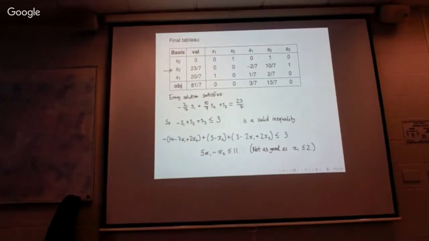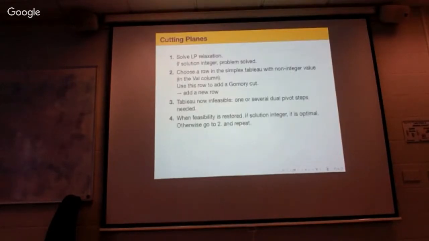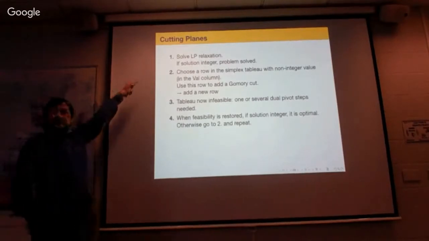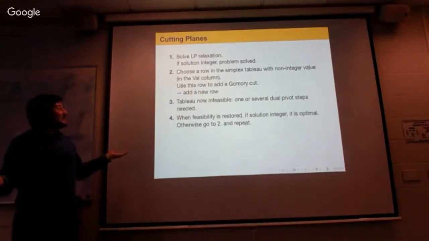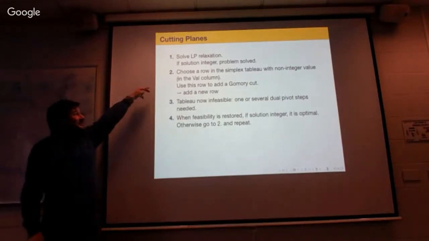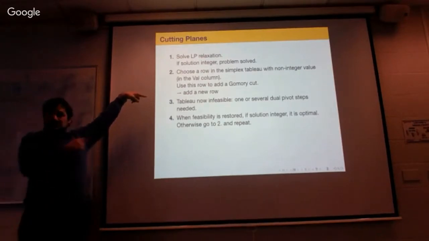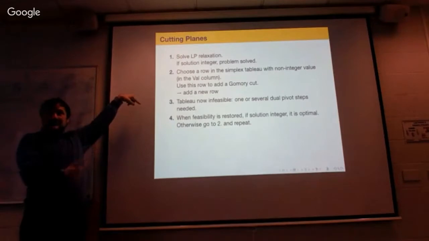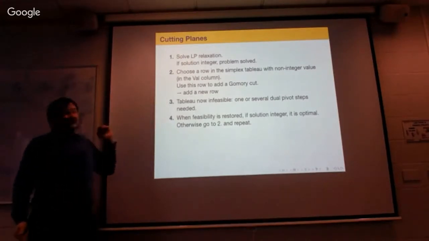So let's see how you do on the homework. Just to summarize, there is this slide in the last one: the whole algorithm works like this. Solve the LP relaxation. If the solution is integral, you're done. Otherwise, you find a non-integer row in the tableau, do the trick with the rounding down, and add a new constraint, a new row in the tableau.